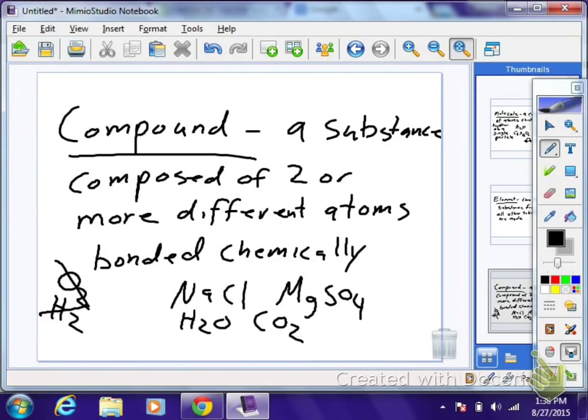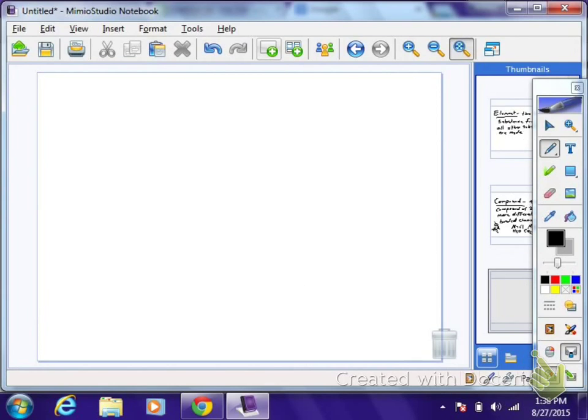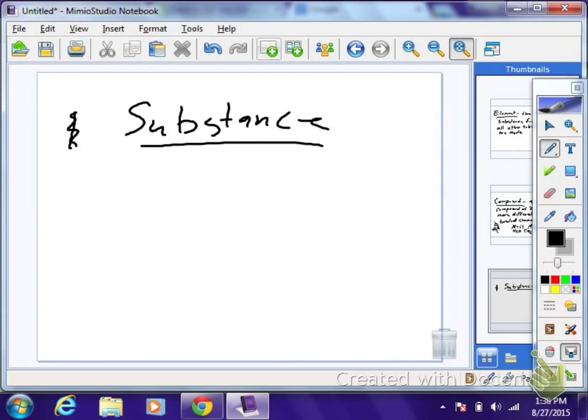Okay. We have this thing called substance. Pure substance. There's 2 examples of a pure substance. So when we talk about a substance, it's either going to be an element or it's going to be a compound. Okay?